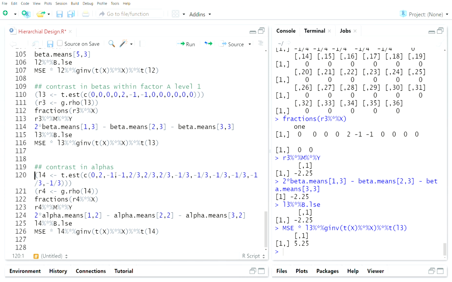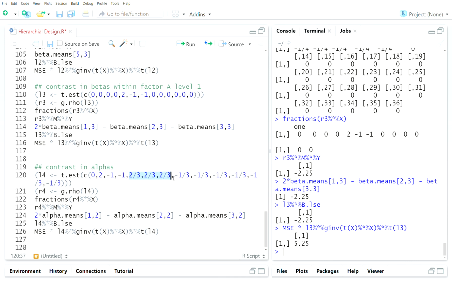Okay, so notice that alpha deals with the first 3 parameters, 2, -1, -1. But if you stop there and make all the others 0, then that's not estimable. And so really, to do this contrast, all the betas nested within a level, all their average effect has to be the effect of A. So notice this.